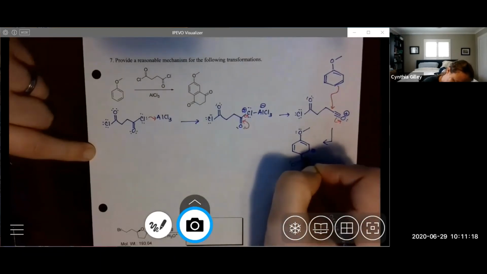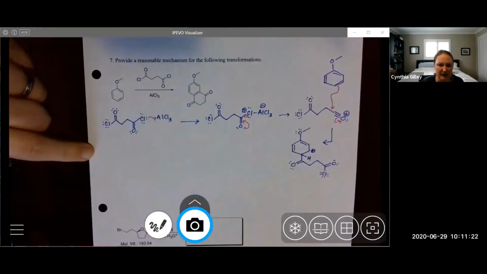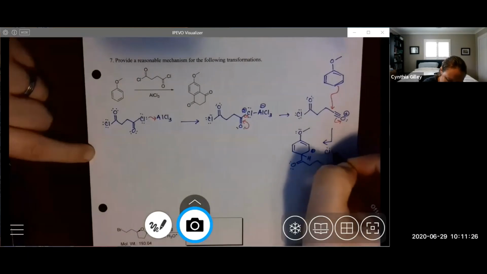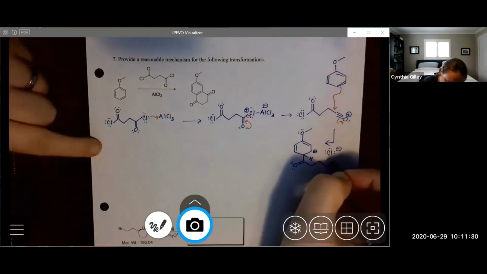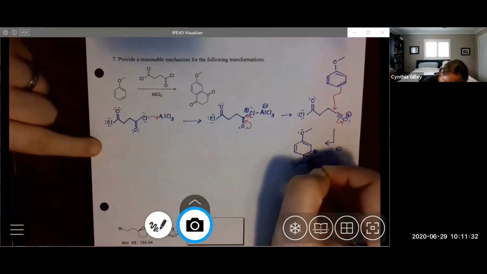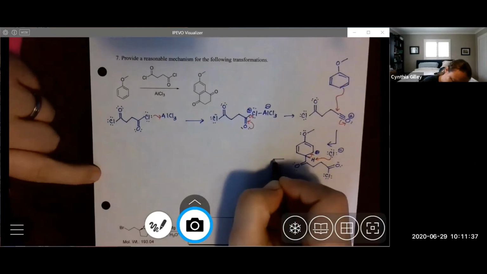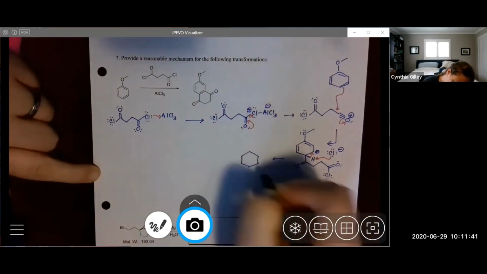We always show proton transfer to regenerate the aromatic ring. You can just draw in some chloride to use for that proton transfer. So that will regenerate aromaticity and stability.